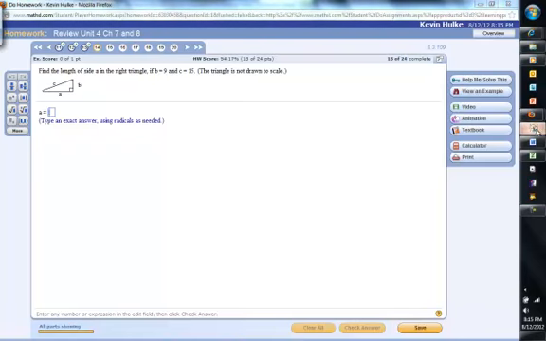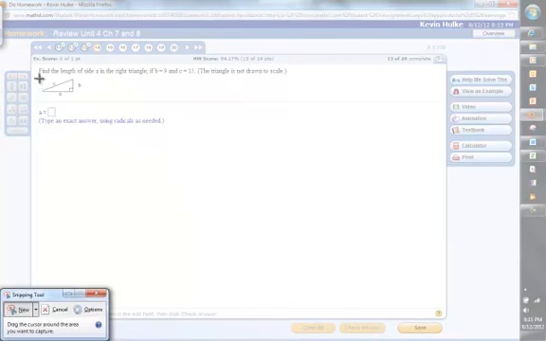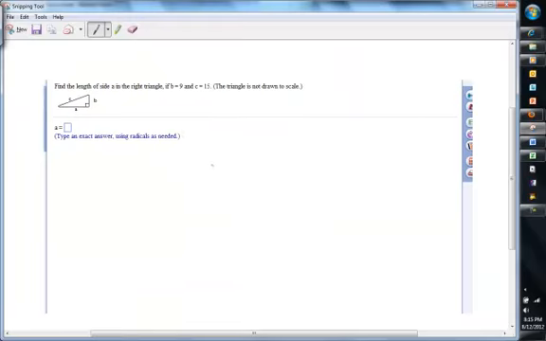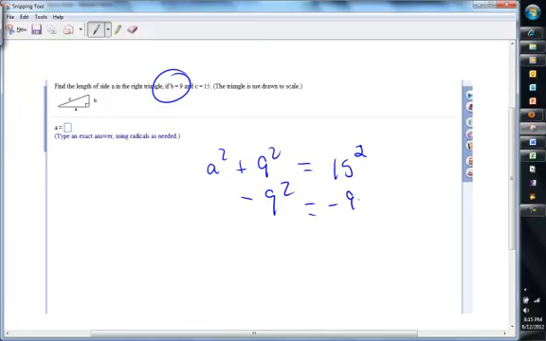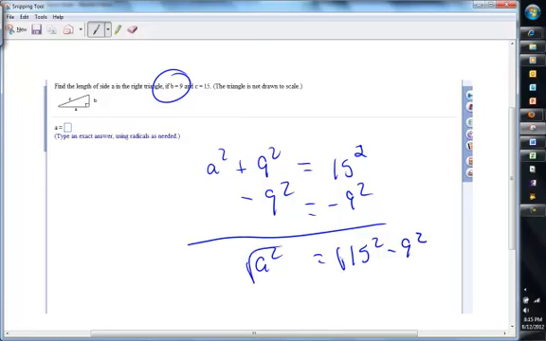14. We've got a squared plus 9 squared, because b is 9, is 15 squared, because c is 15. Subtract 9 squared from each side, and we get a squared is 15 squared minus 9 squared. Take the square root of both sides.